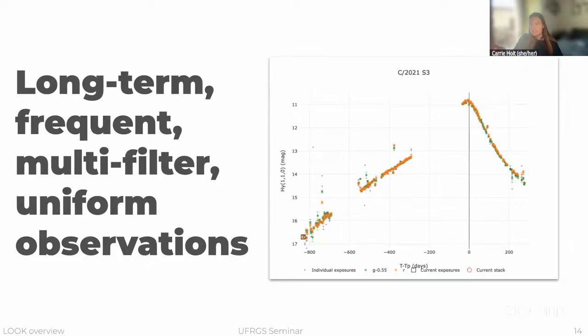The uniformity of this allows us to see how the brightening rate changes, if it does, or different changes in how the comet behaves, with barely any scatter. You can see a lot of scatter when we start combining observations from multiple observers and from different surveys. So this is how we can really get a more focused idea of what is going on.